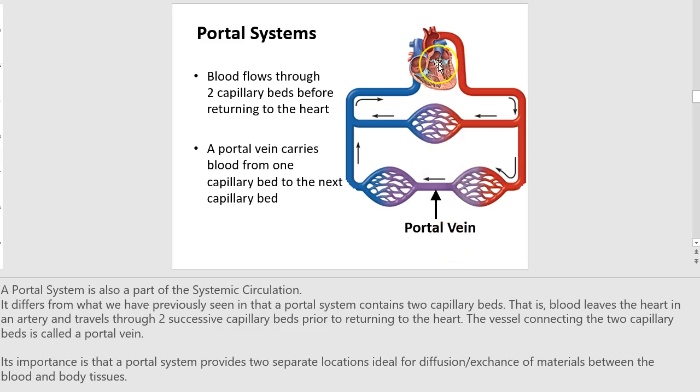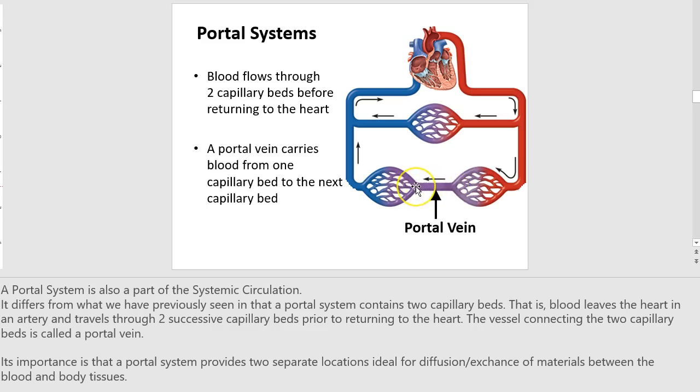So blood is going to leave the heart in an artery or multiple arteries and travel to an organ where the artery branches into small capillaries and diffusion can take place in the capillary bed. Then these capillaries merge into a vein.